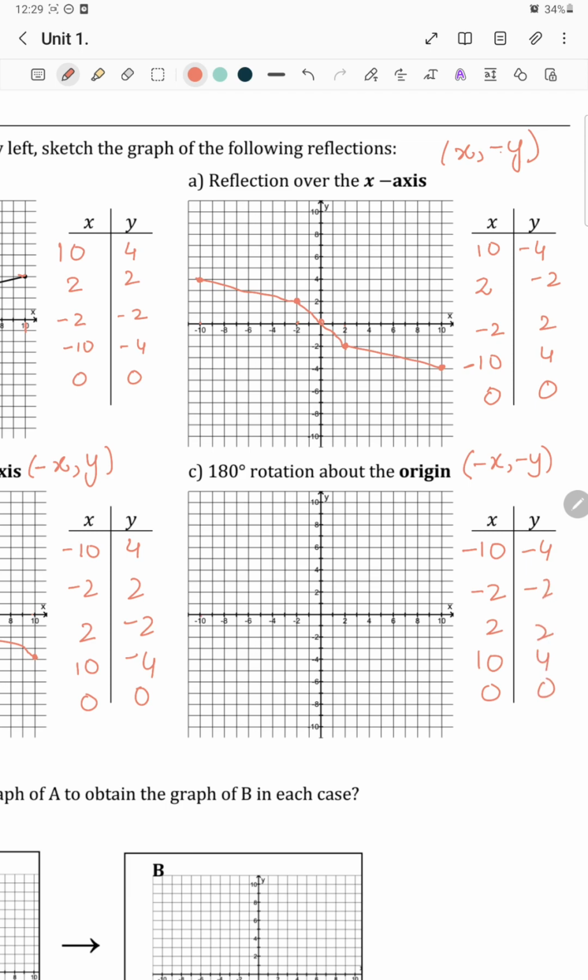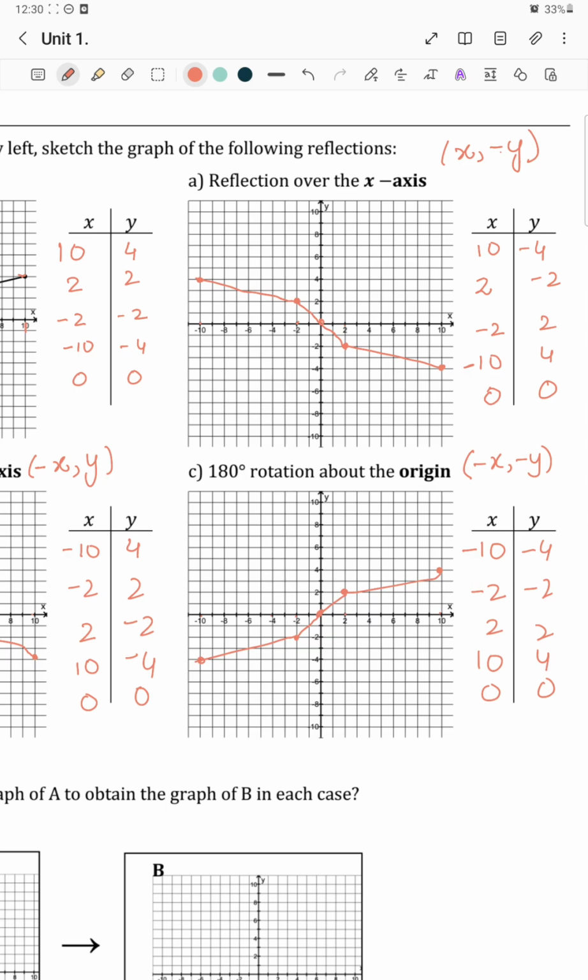So negative 10 and negative 4, negative 2 and negative 2, plus 2 and plus 2, 10 and 4, 0. So it is the rotation about the origin.